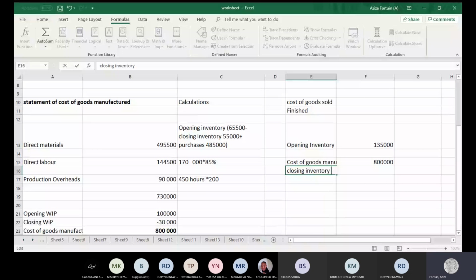Anybody want to go? Can I just ask the people who came in, put your student numbers in as well?